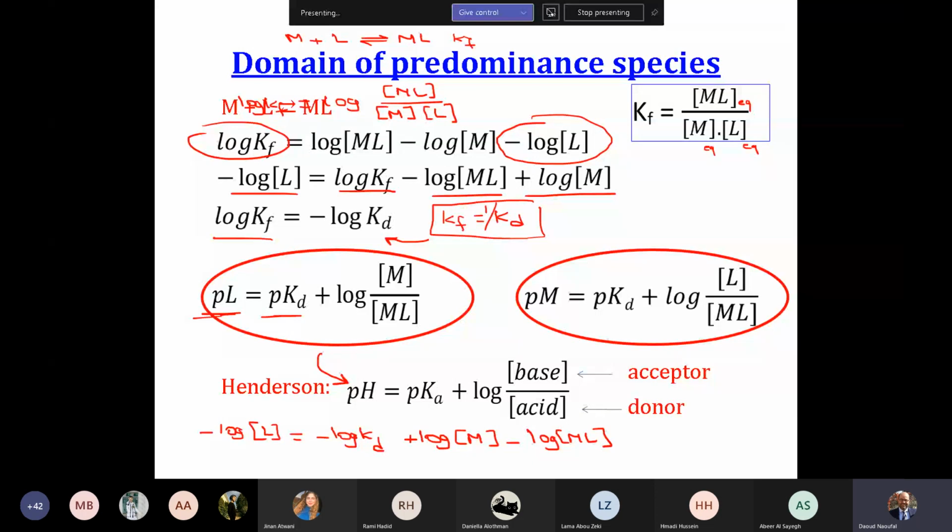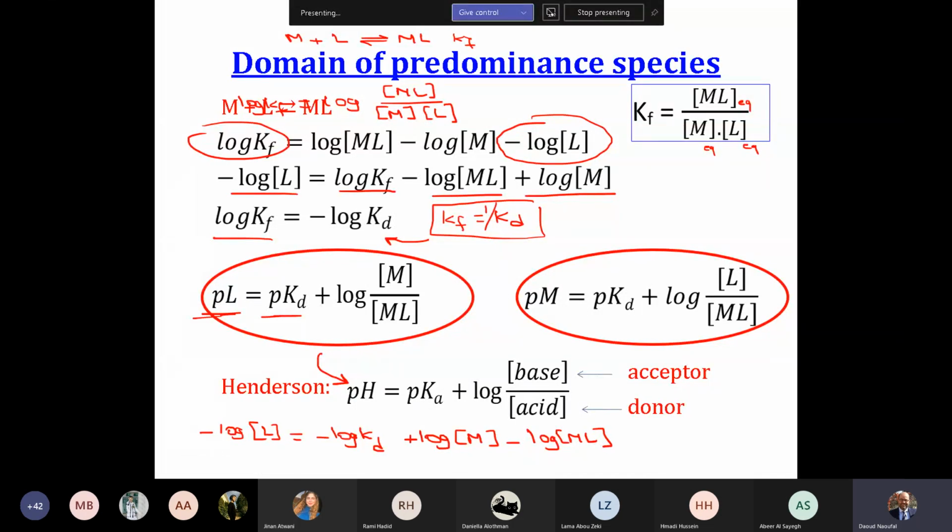If you forget the formula or the similar formula in the complexation, you apply Henderson for the complexes. You can say P particle exchanged, I suppose this is PL, equals P characteristic, that is PKd, plus log acceptor. If I start with PL, that means M is the acceptor of L, so plus log M divided by ML. Or if you suppose that the particle exchanged is M, you can write PM, and L is now the acceptor of M, so PM equals PKd plus log L divided by ML.